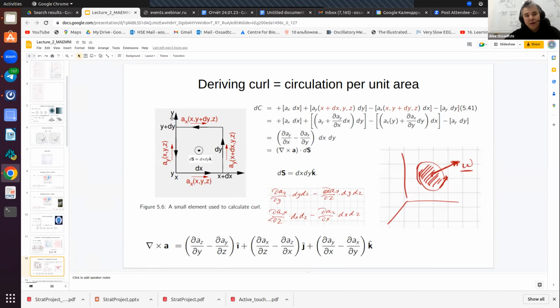Now, again, assume that you have some vector field, and assume that you've taken a small element in space, and you are now looking within some particular plane, and now it's the XY plane, and we are trying to assess the rotation in this plane, because technically it can be rotating within some arbitrary plane, but its amount of rotation comprises rotations in the XY plane, in the YZ plane, and in the ZX plane.